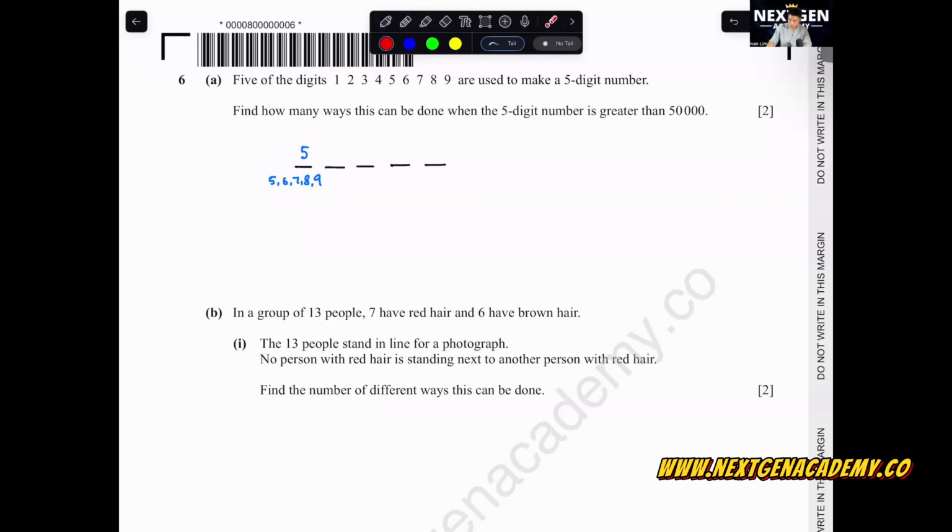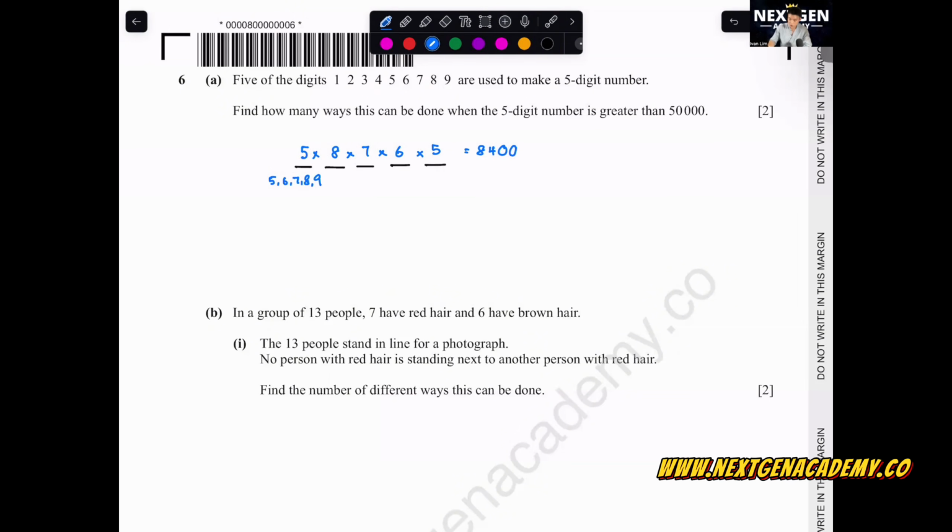After you use one number, let's say you use 5, we will have another 1, 2, 3, 4, 5, 6, 7, 8 numbers. So we got 8 other digits, then 7, then 6, then 5. You can just multiply all of this, 5 times 8 times 7 times 6 times 5, and we will get 8,400.